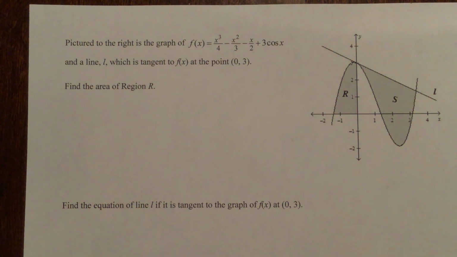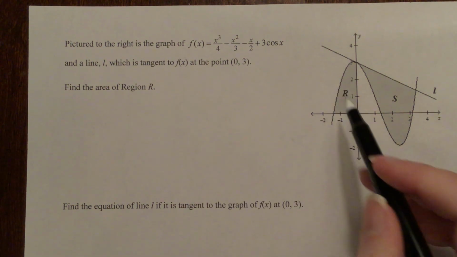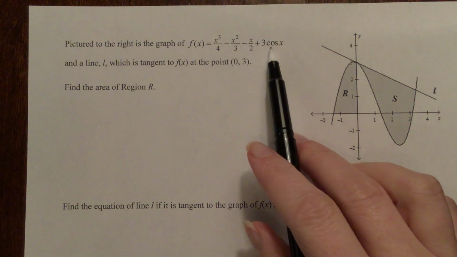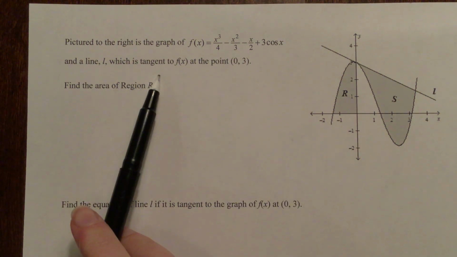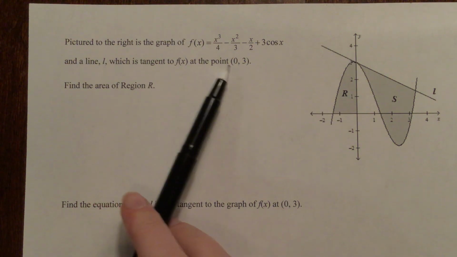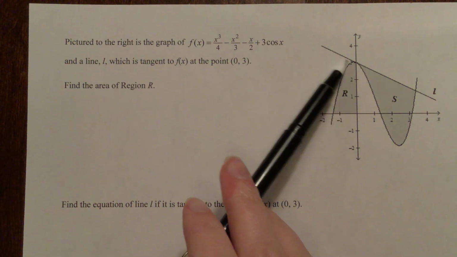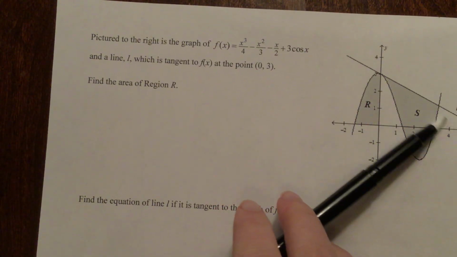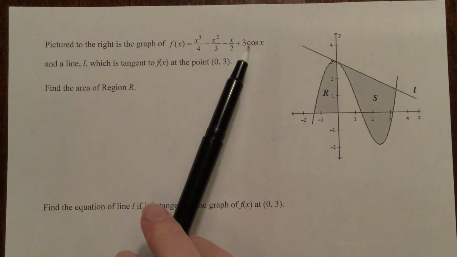Sweet. So pictured to the right is this, which is definitely the curve because it's got that cosine and it's a polynomial. That's really messy. And then L is tangent to f of x at the point (0, 3). That means that this line and this curve both touch (0, 3).